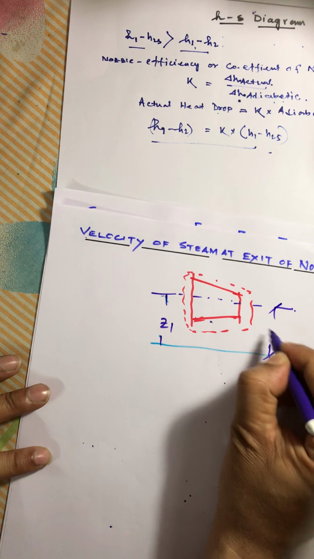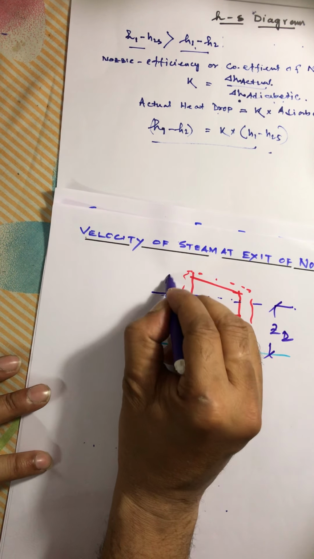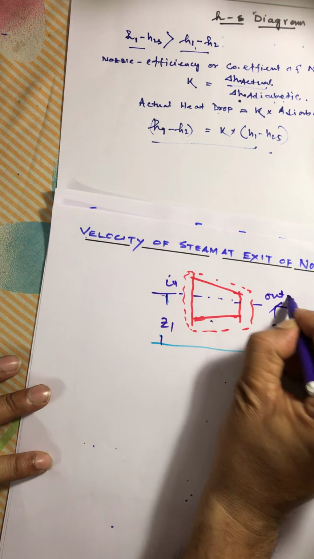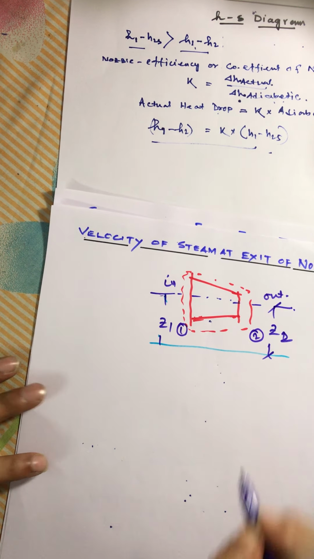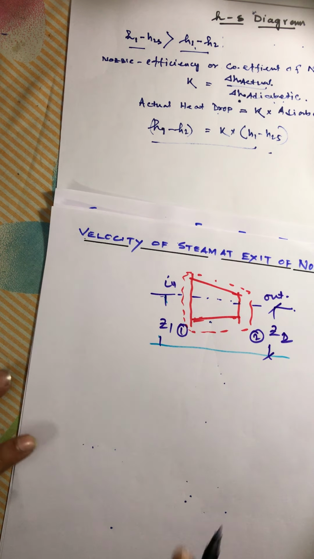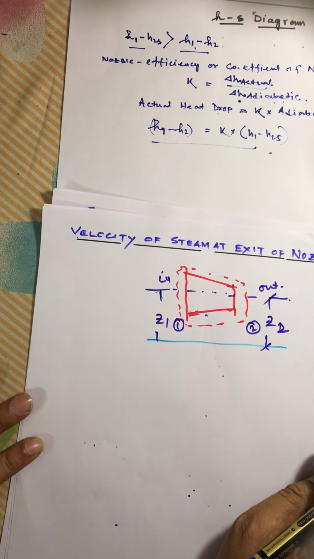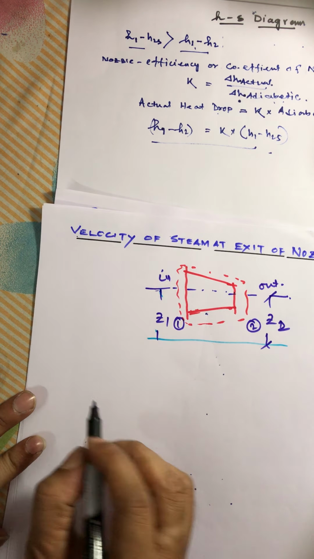That means we consider this a horizontal nozzle. This is in, this is out. Suppose this is 1, this is 2. Now, if we consider this nozzle, first of all we have to consider the steady flow energy equation for a particular control volume for this particular device.